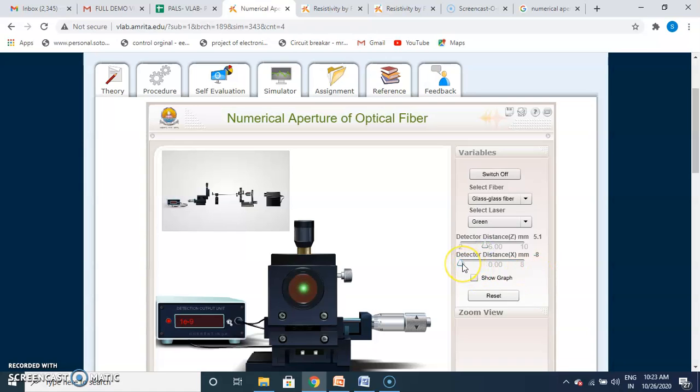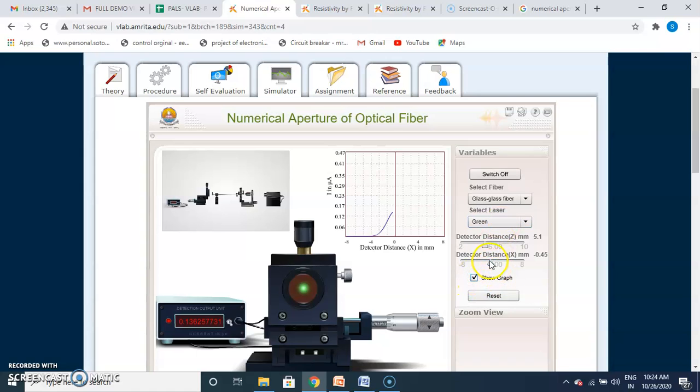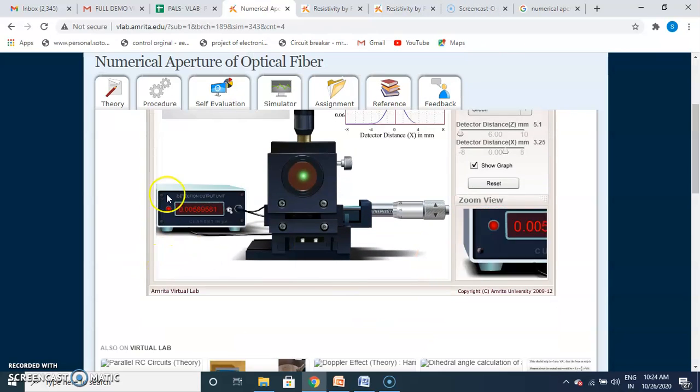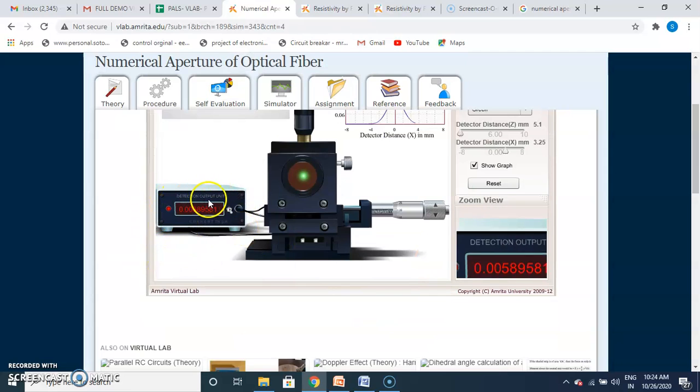And this is the distance between the detector and the emitter, I'm choosing as 0.45. Now show graph. I'm choosing this distance as 3.25. Okay, see the graph. This output unit will give you the radius of the spot. Z, the distance, is 5.1, X is 3.25.